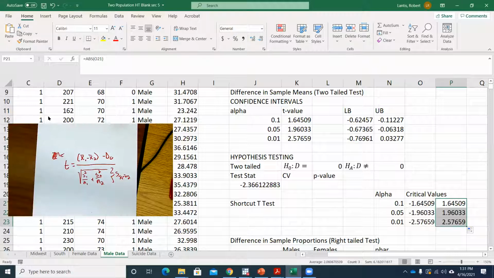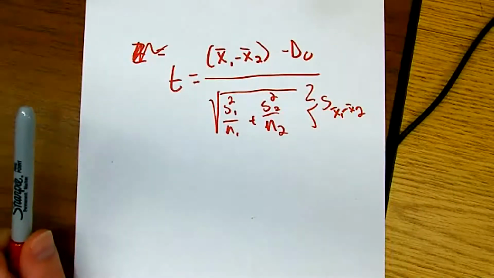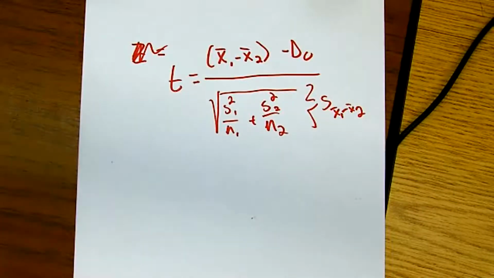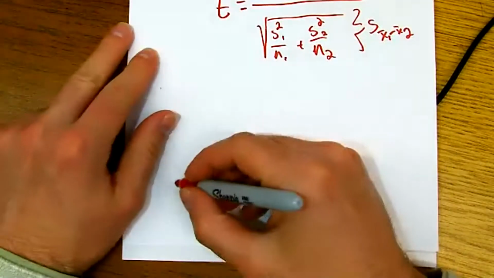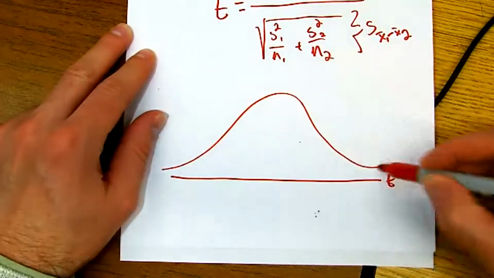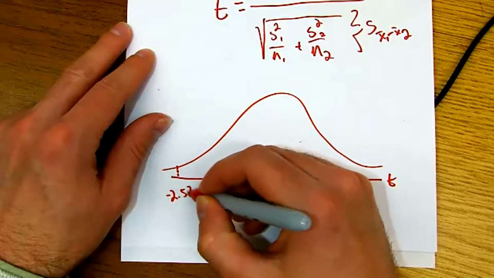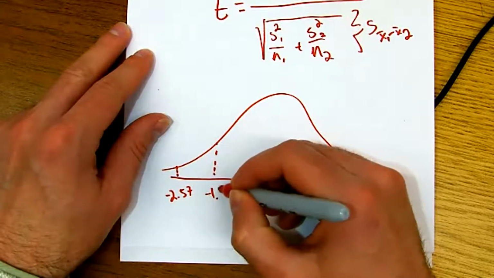So if we're thinking about rejection decisions, I'm just going to plot these critical values on another sheet. So what we have here is a student t-distribution. And I think it was what? Negative 2.57-ish, negative 1.96.